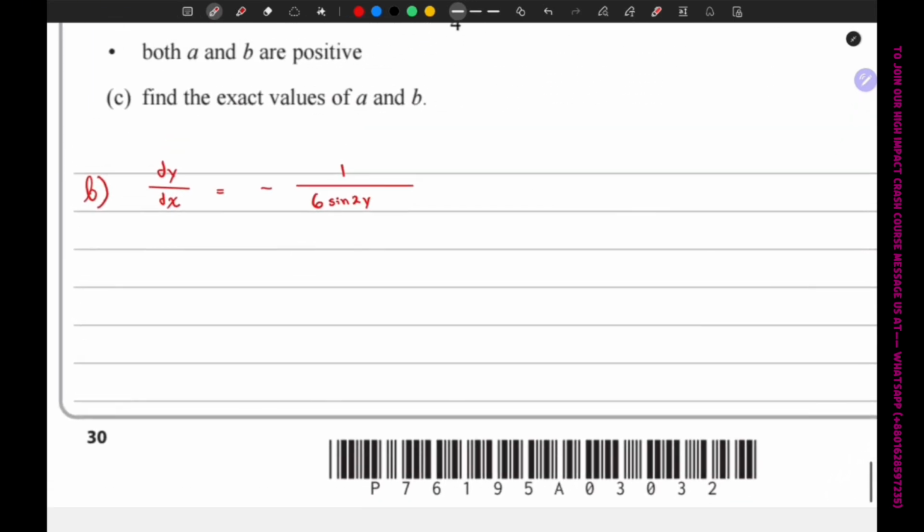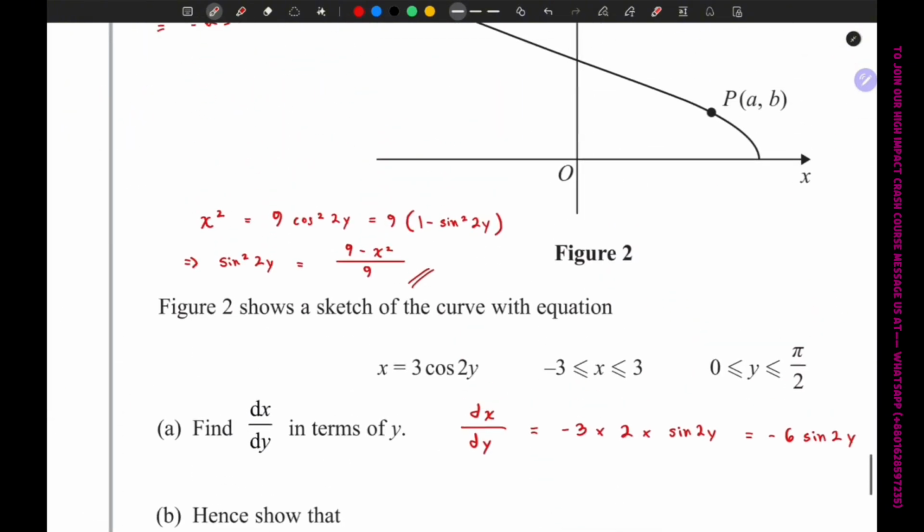Now this is the value of sine squared 2y, we need the value of sine 2y, so basically we need to take the root over this whole thing. So this becomes 1 over 3 root over 9 minus x squared.